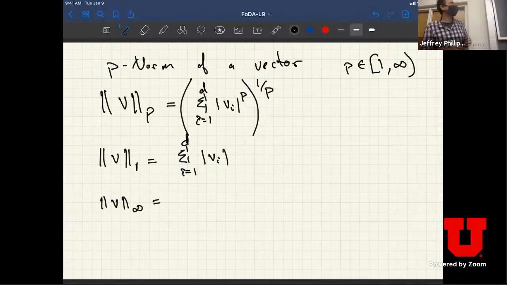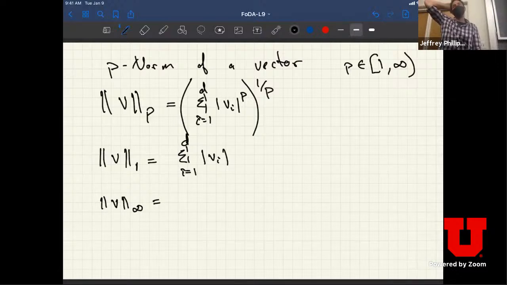What happens if I take p to infinity? I'm going to sum up all the terms, take them to a really, really big power, but then take them to the root of that power.